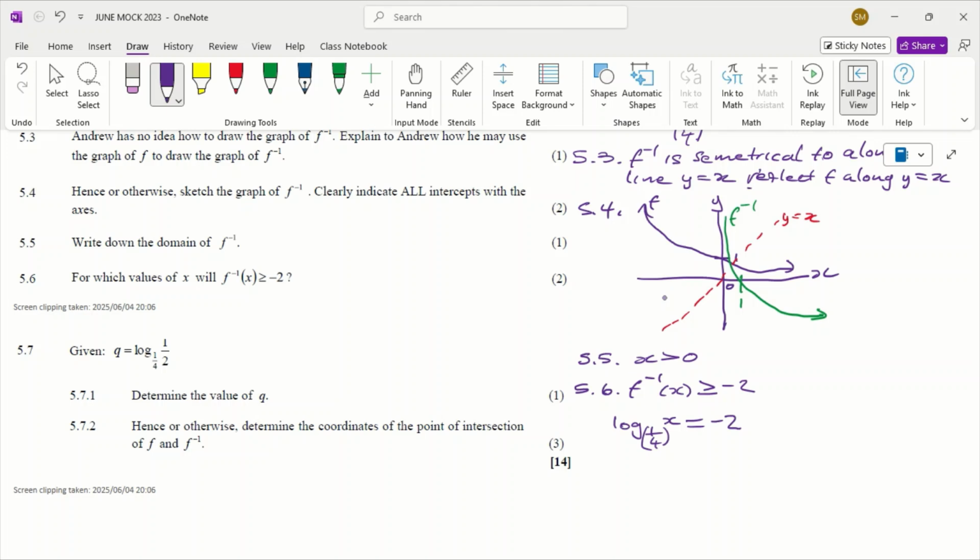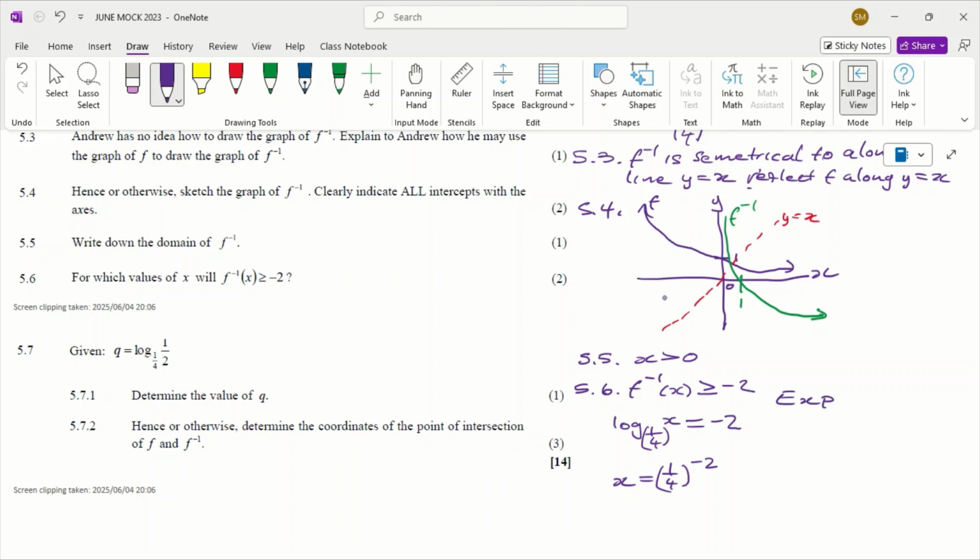Now remember, exponential function in exponent form. So we have what? We have a base raised to an exponent. So this is exponent form. The exponent is equal to a power.